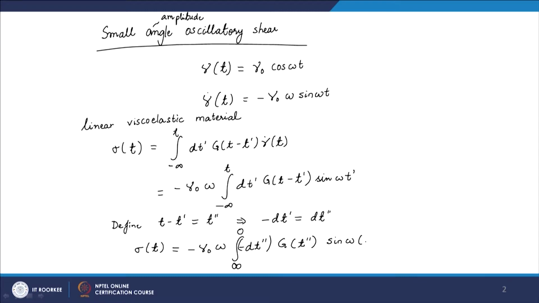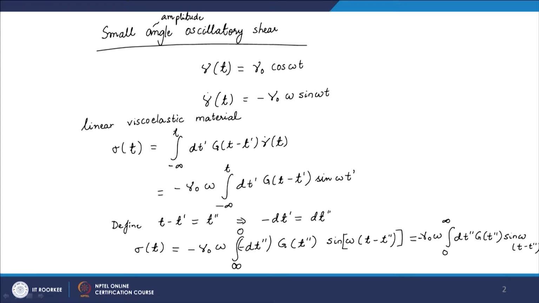So, it is t minus t double prime. So, I will use one of the negative signs to change the limits. So, we have gamma naught omega, 0 to infinity, dt double prime, again with a minus sign.